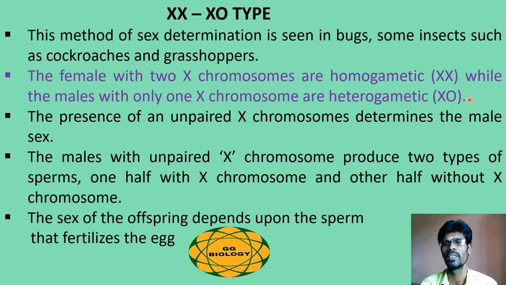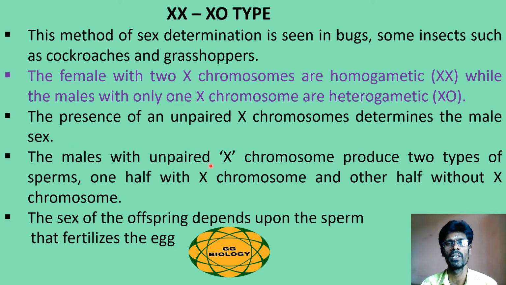The sex chromosomes of males are only one X chromosome and the other is absent, so they are called heterogametic males, and those with both X chromosomes are known as homogametic females. The presence of an unpaired X chromosome determines the male sex.